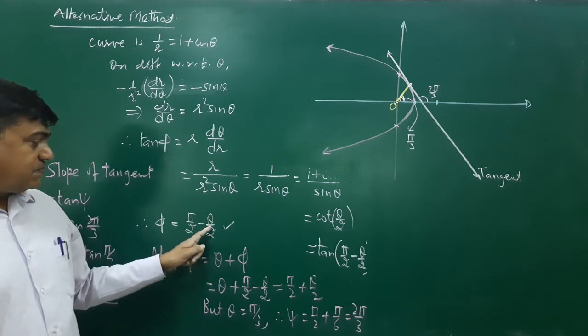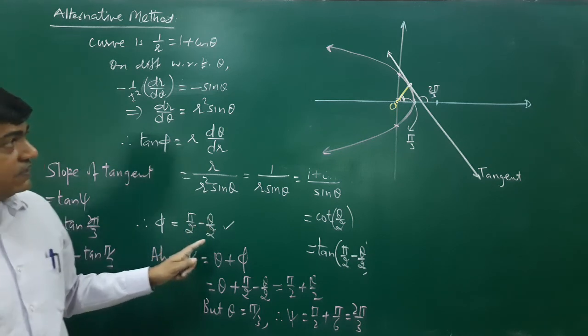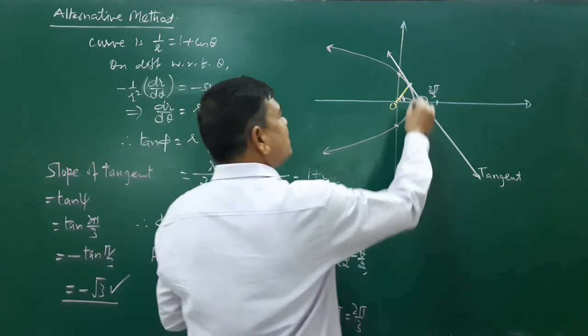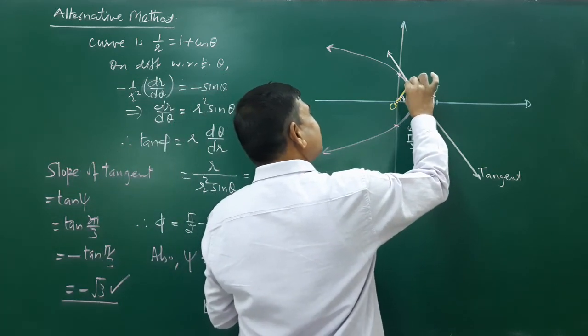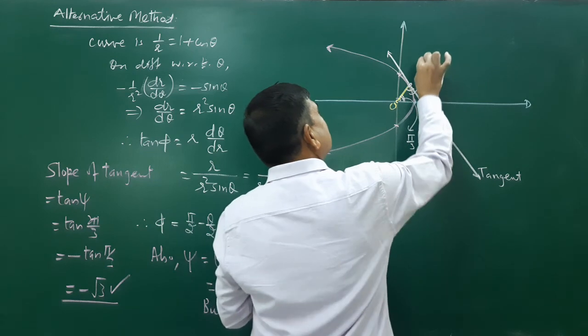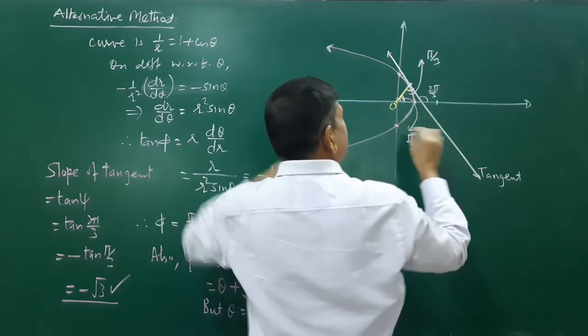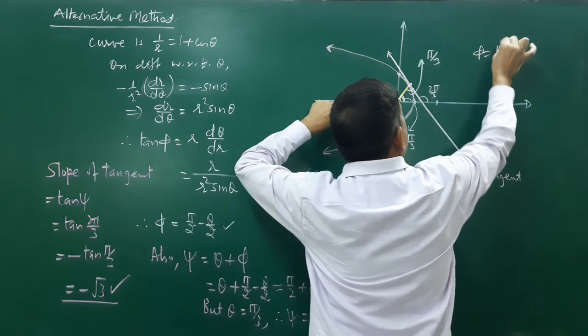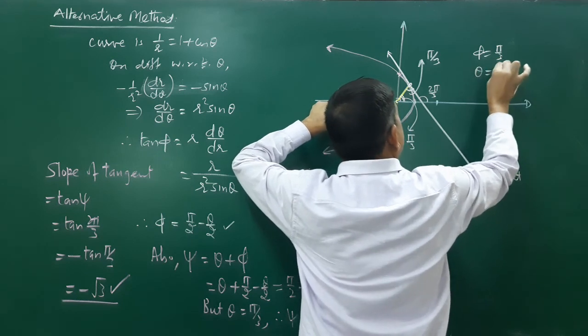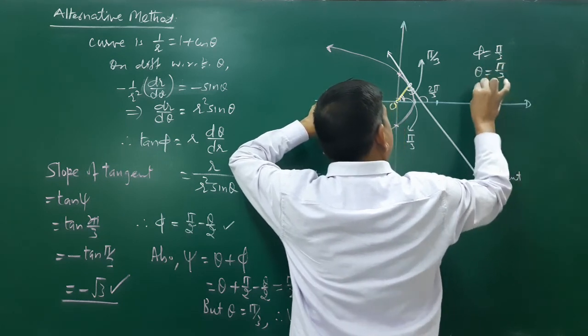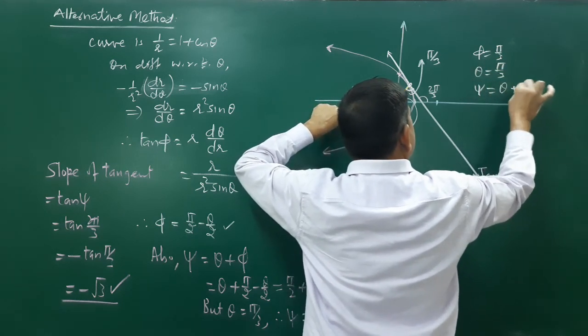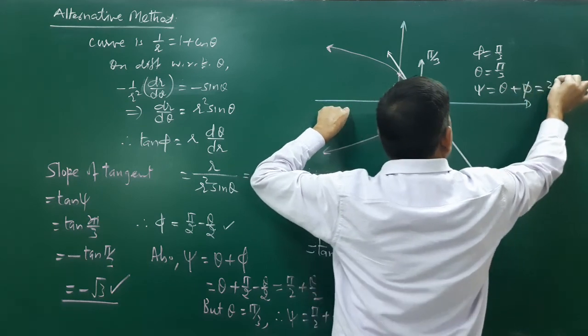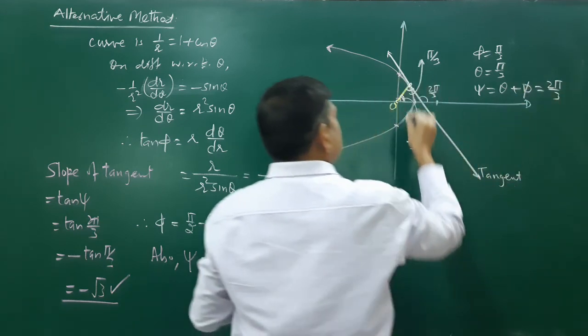Theta by 2 is pi by 6, so phi is pi by 3. And this is theta plus phi, which is 2 pi by 3.